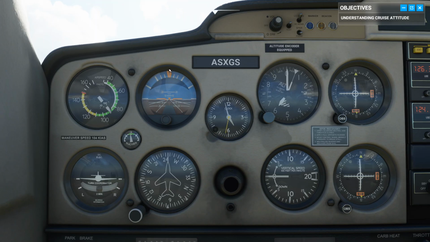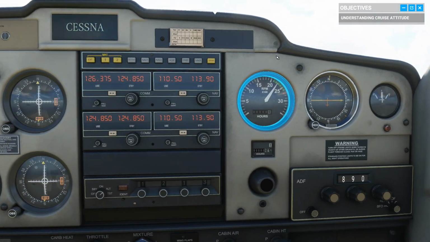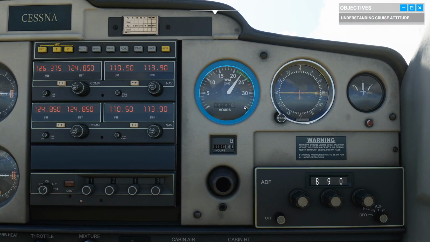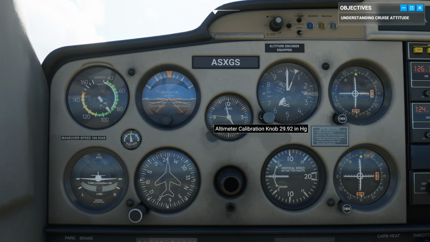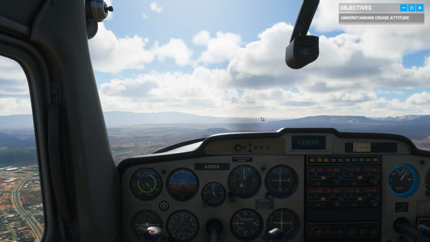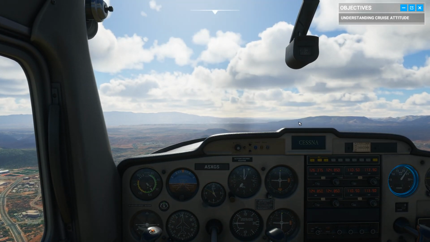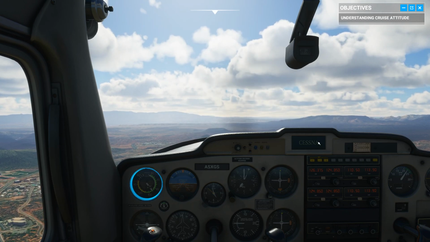Power the engine's generating. Check your tachometer. Looks like we're pushing around 2,300 revolutions per minute. Combined, attitude and engine RPMs translate to aircraft performance, which leads us to your airspeed indicator.